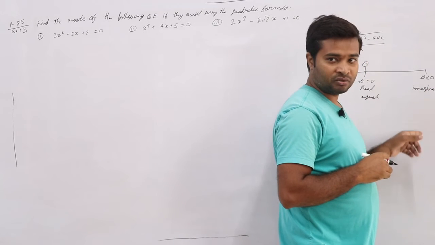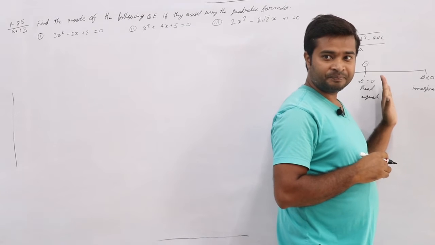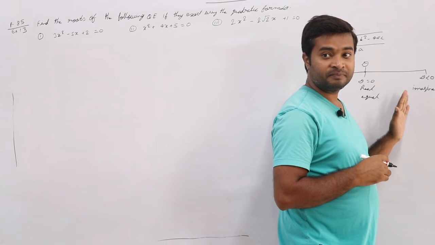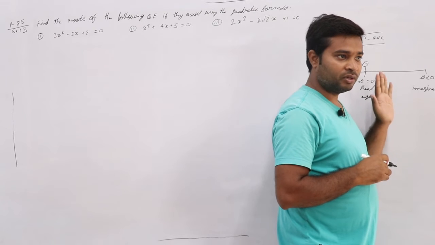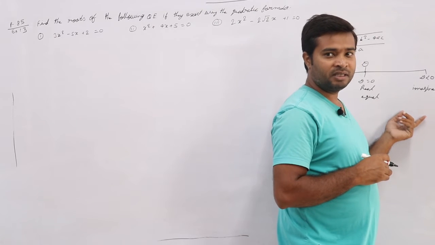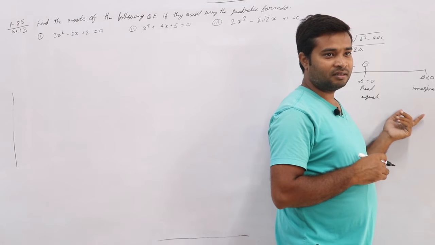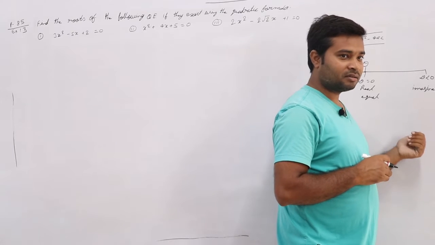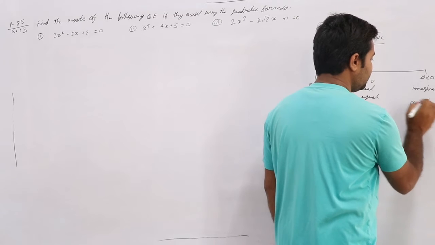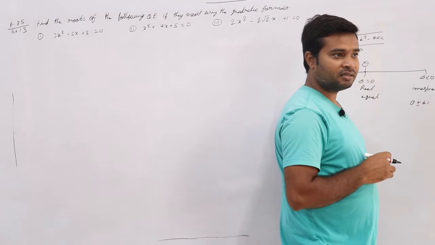Correct. After that I didn't write anything, just imaginary. And all imaginary roots will be conjugated. Conjugated means one will be plus, one will be minus, like in the form a plus minus bi.